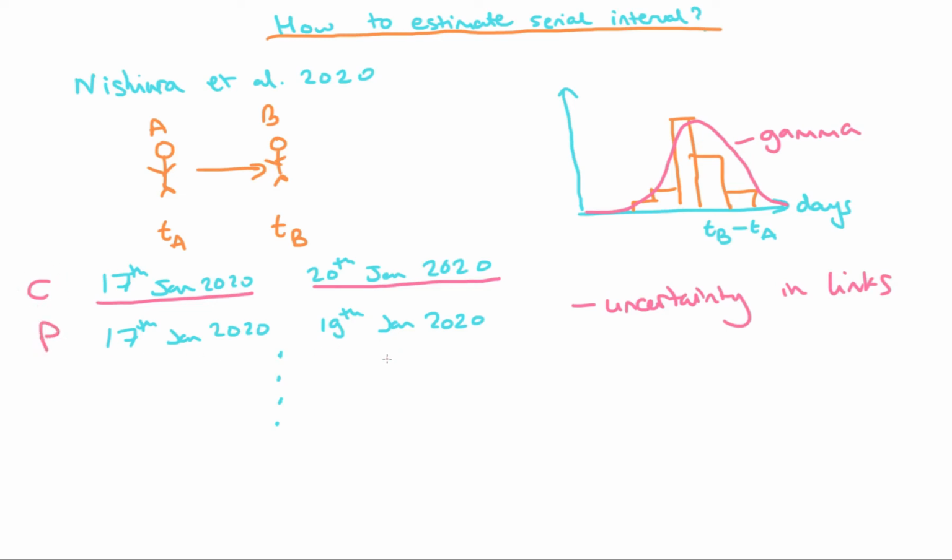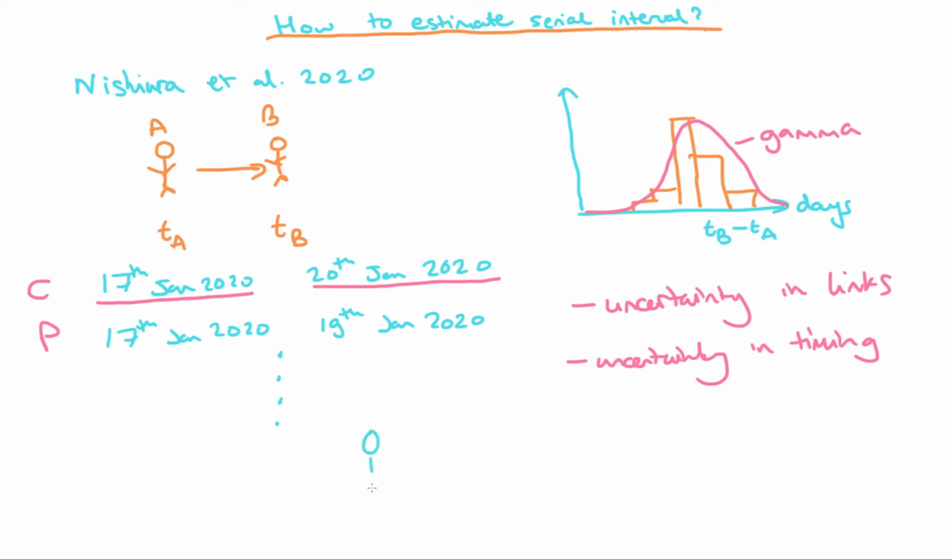Various methods for estimating the serial interval distribution can take into account this uncertainty in the links themselves. There's also uncertainty in the actual timing of symptom onset, because people's recall isn't necessarily perfect, so they might just know that symptoms started to occur between a certain time point and a later time point. So some methods try to take into account the uncertainty in the timing of symptom onset.